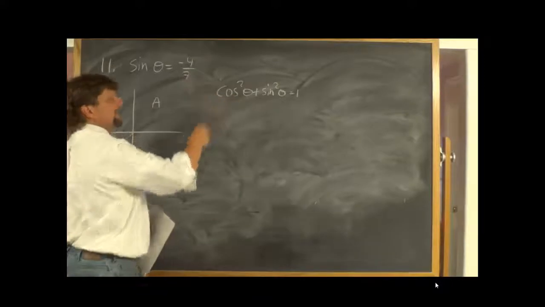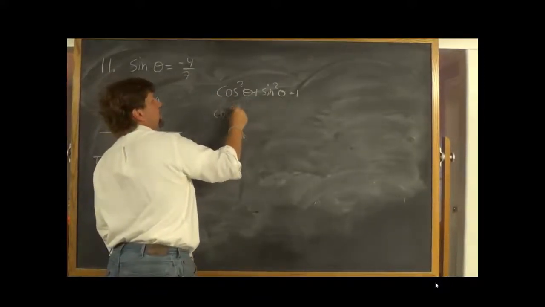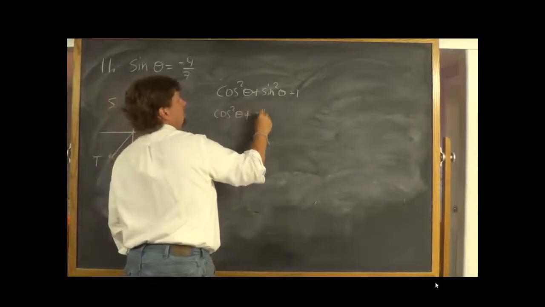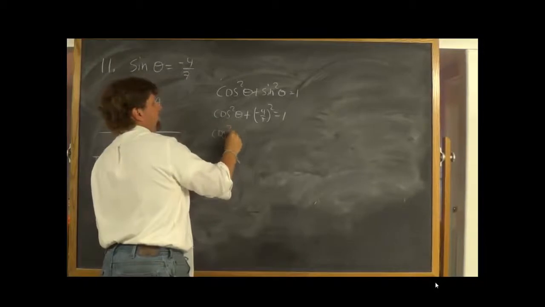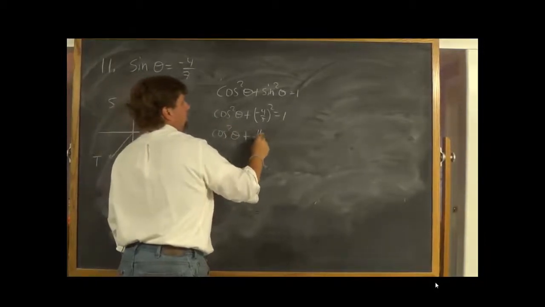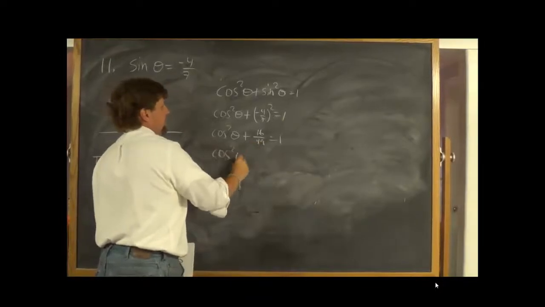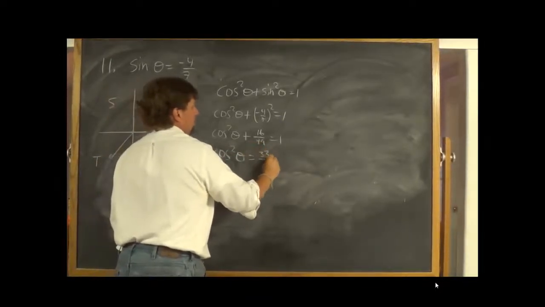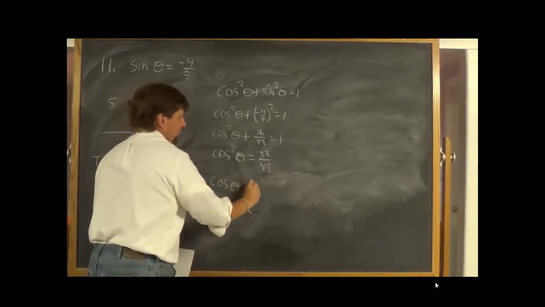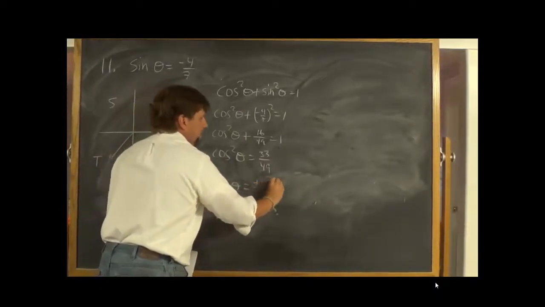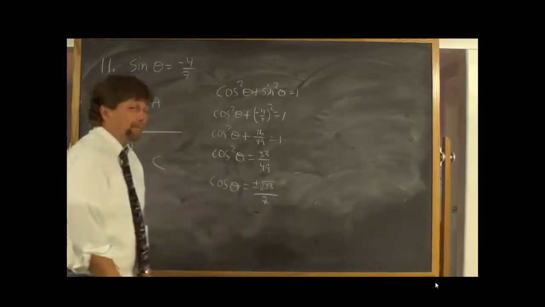I know sine is -4/7, so I can toss -4/7 in here for sine. And then I square it. Then I subtract 16/49 from both sides. Then I take the square root of both sides and I get cosine of theta equals plus or minus the square root of 33/7.